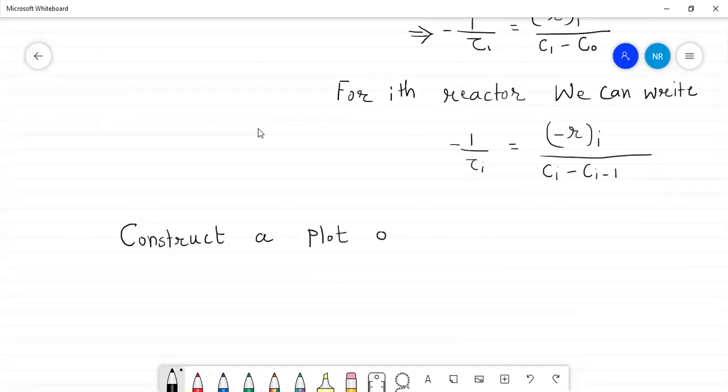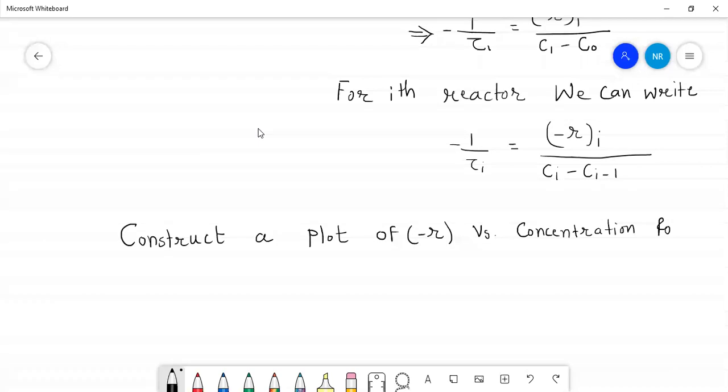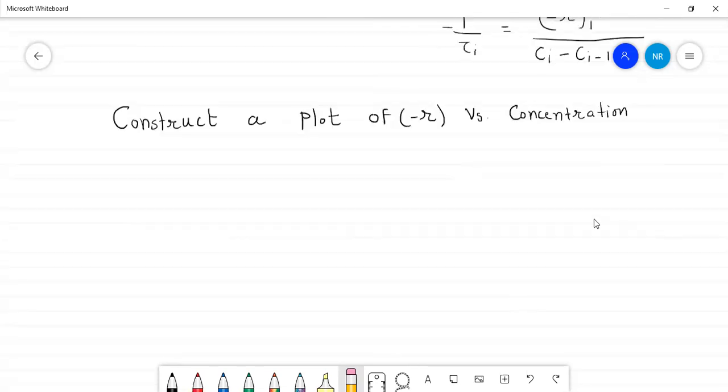Of minus R versus concentration. We have to construct minus R versus concentration. It means we have to draw a graph of rate of reaction versus concentration. So let me draw a graph of rate of reaction versus concentration.